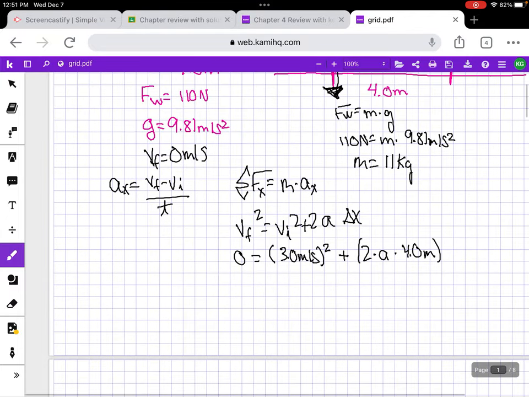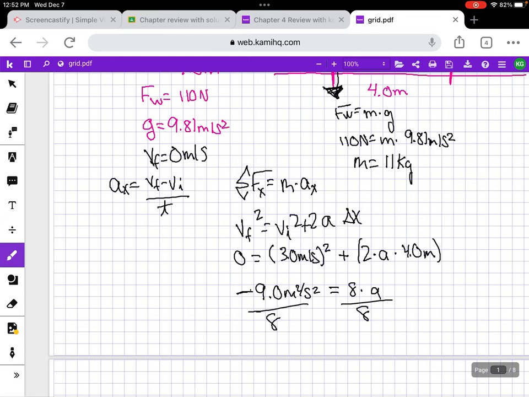Alright, so let's solve for a. We take 3 squared and get a negative 9 over here. Equals 2 times 4, which is 8, times a, divided by 8.